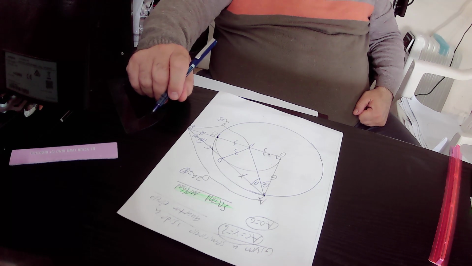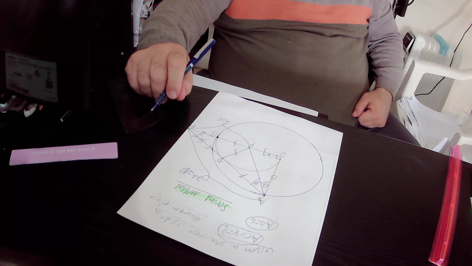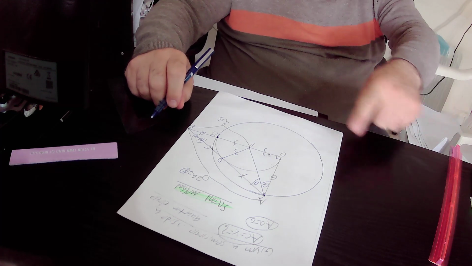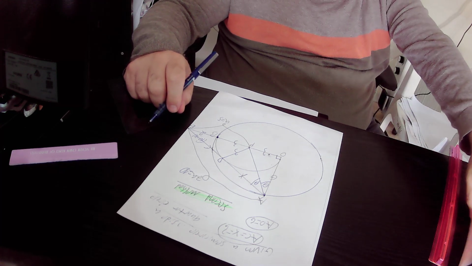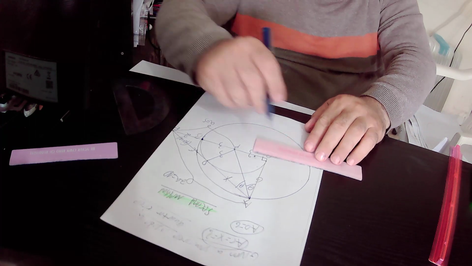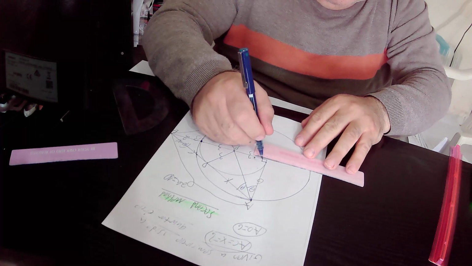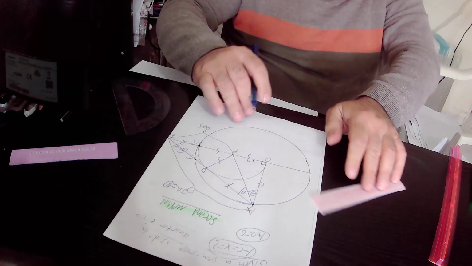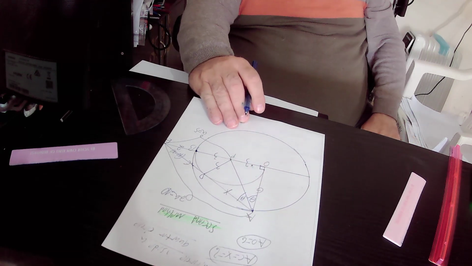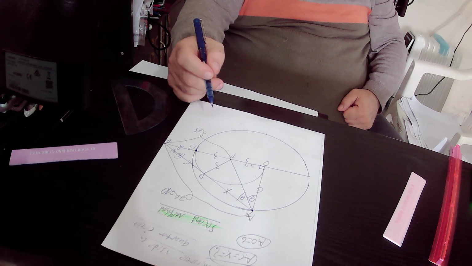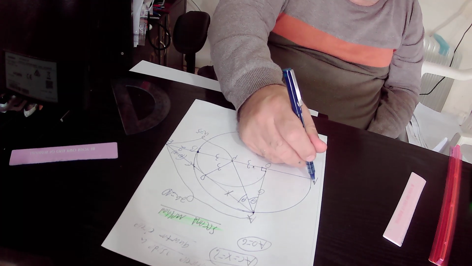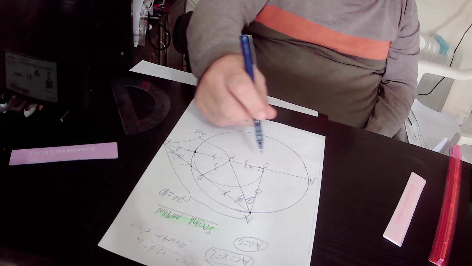In the next step, we will extend line segment BO by a straight line until it touches the circle. And we will define the touching point of the extended line segment BO and the circle as point M. What is the length of MO?